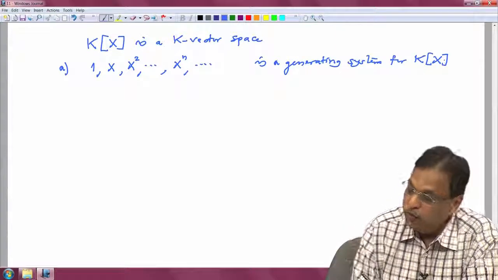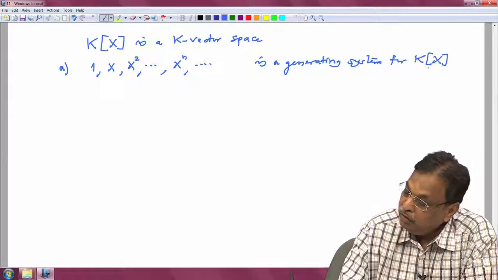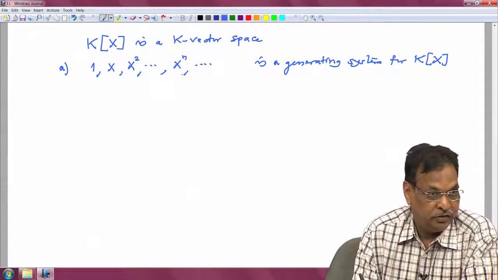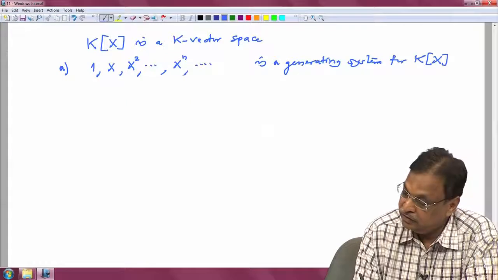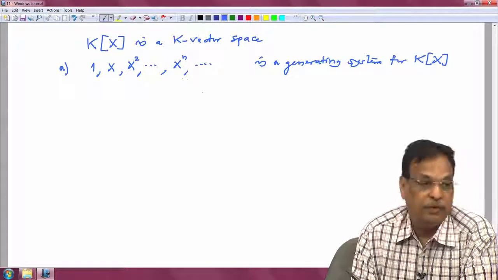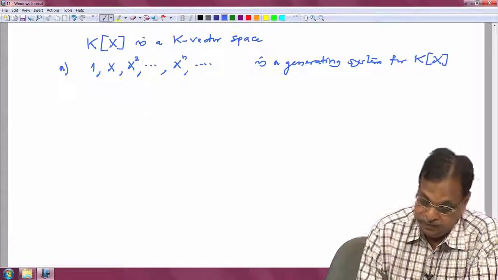This is obvious because any polynomial is a linear combination of these powers of x. But note that this family is not finite, it is a countable family.